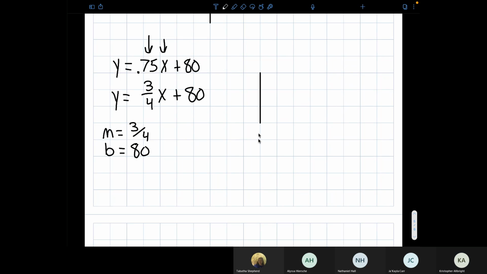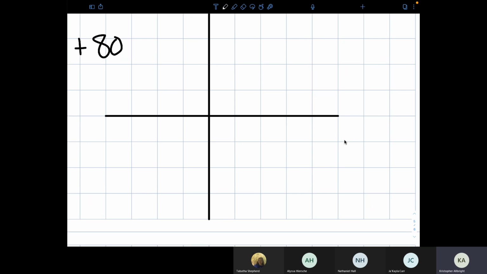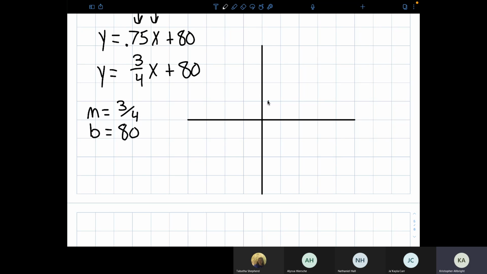So now we draw our graph. You probably already have a graph, virtual people. I'm going to count by 20s on my y, just because I don't want to count to 80. So we go up 20, 40, 60, 80, and we put a dot.